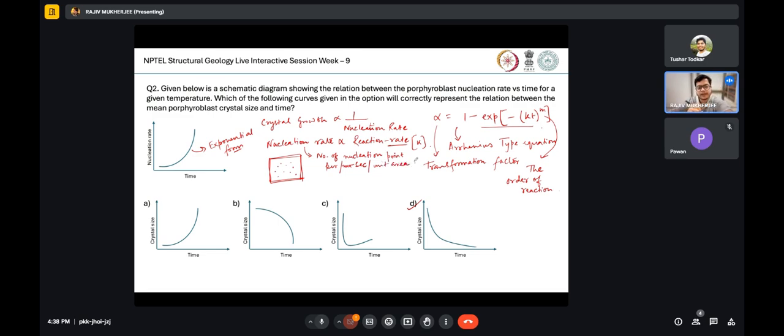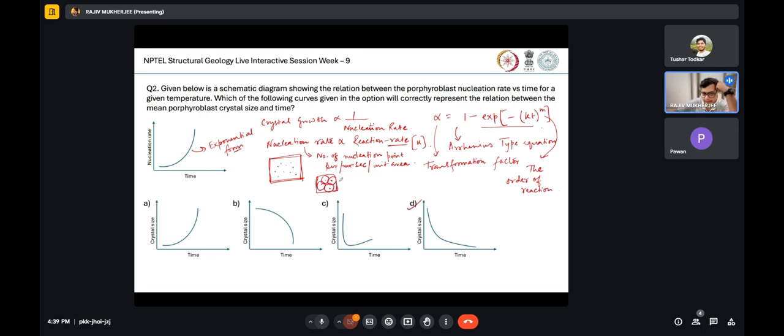So imagine you have a slow reaction rate. I mean, your reaction is very slow. That means you will have fewer nucleation points for a given area. Now, if the crystals start to grow around those nucleation points, they will get plenty of space to grow.